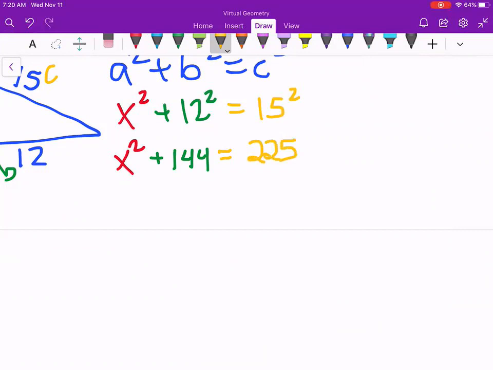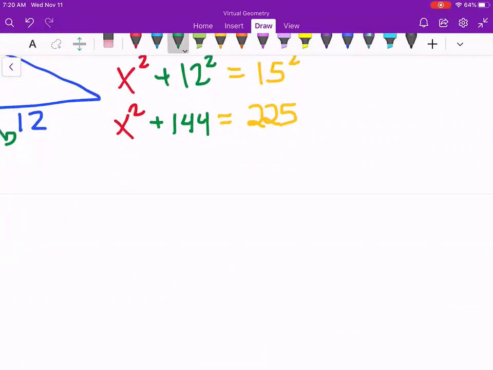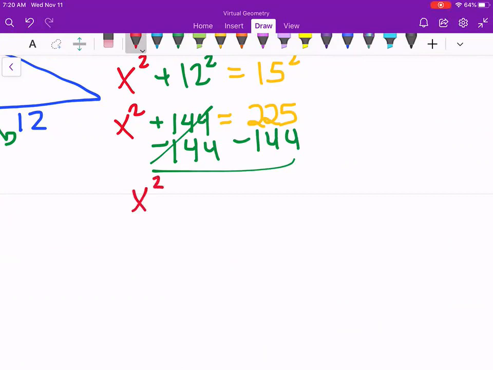All right, now just like we did at the beginning of the year, now we can subtract out what we know. So minus the 144 from both sides of our equation. So my X squared is equal to 81.